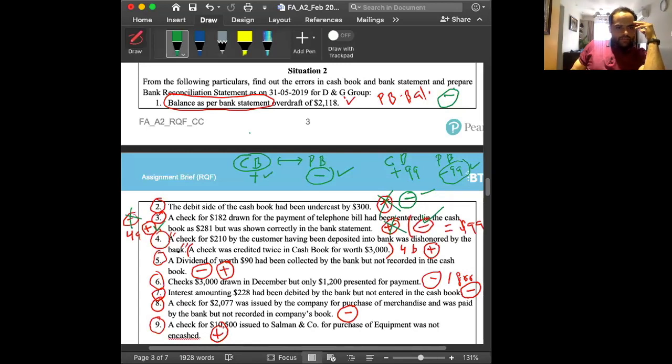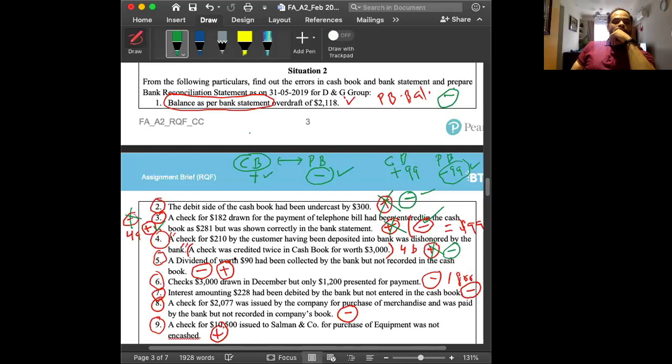Amount 210. Now 4B, a check was credited twice, meaning minus twice, in the cash book for worth of 3,000. Plus or minus? We will minus, not plus. Why minus?